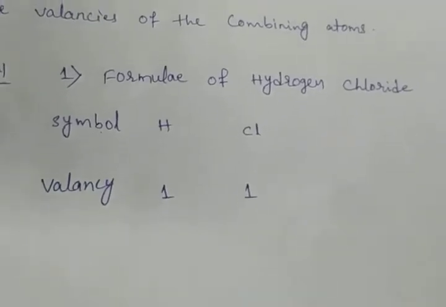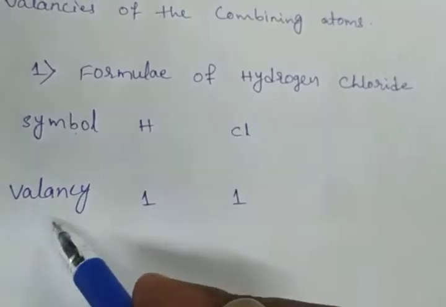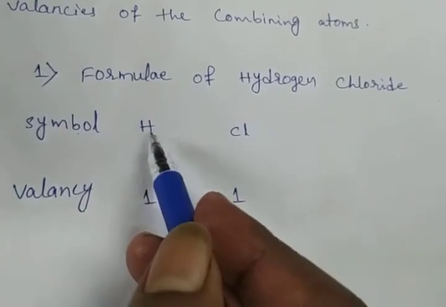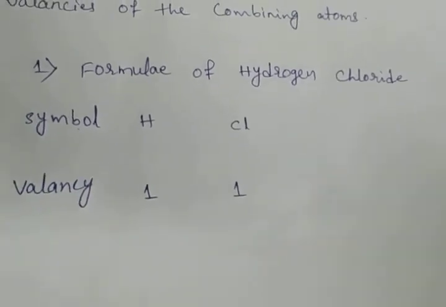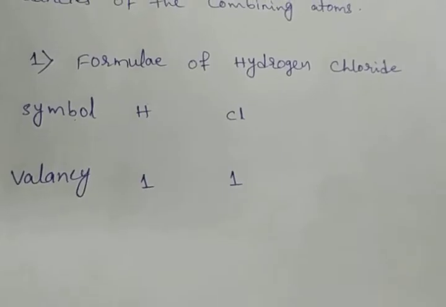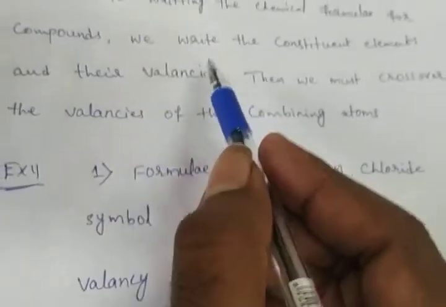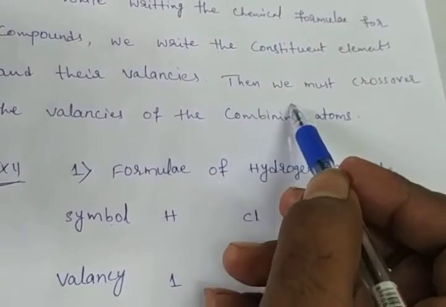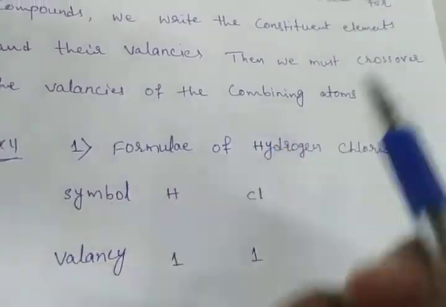When we are writing the chemical formula, we require the symbol and their valencies. Symbol we have written and valencies we have written. Then how can we write the formula of this compound, hydrogen and chlorine? Here, I already discussed one word: we must cross over the valencies of the combining atoms.